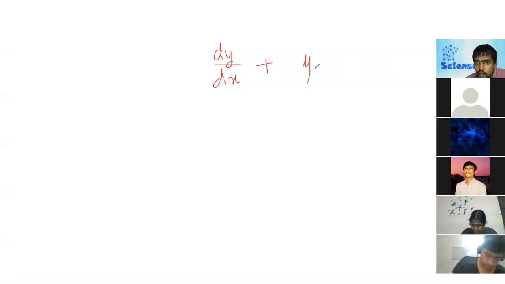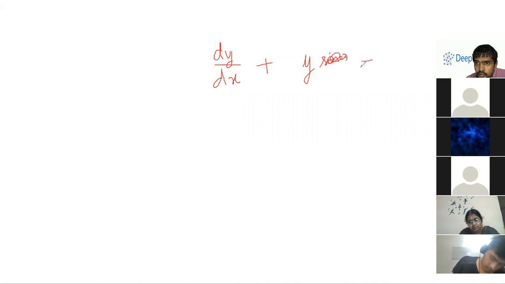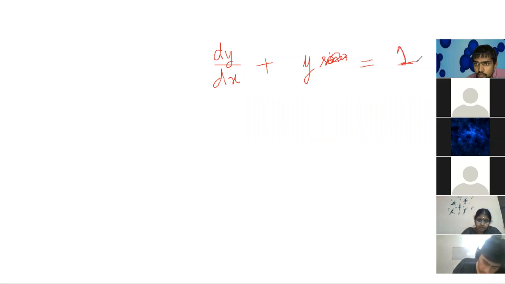It's very simple stuff. Let us say I give you a differential equation like dy by dx plus y equal to 1. They're asking you to solve it.